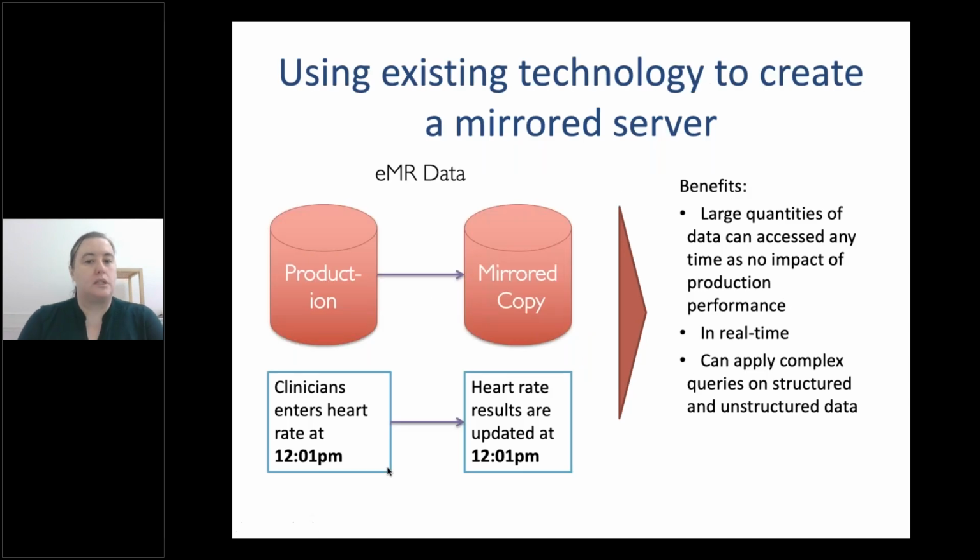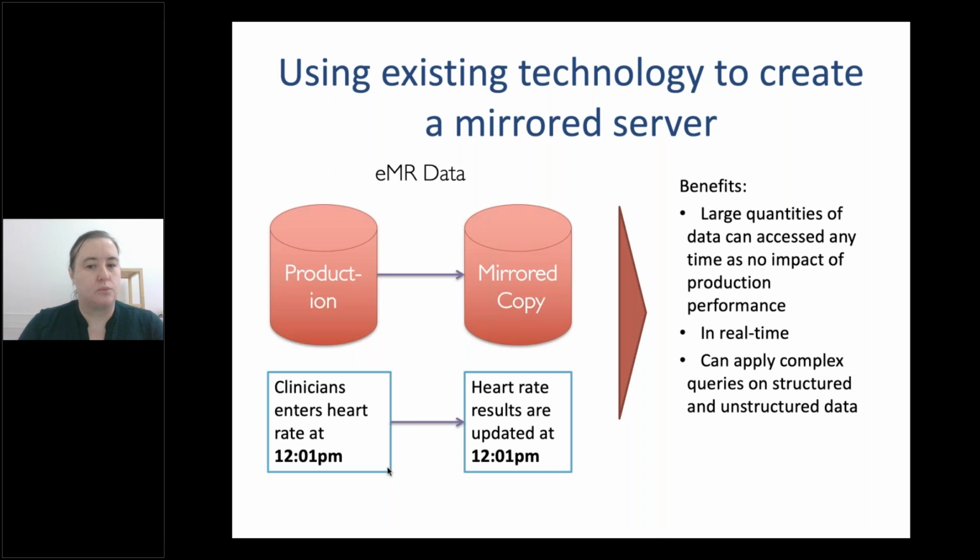The way that we did this was to use a mirrored copy of the eMR. This is a real-time copy. So when clinicians enter data, say a heart rate, this will update into the mirrored copy at exactly the same time. So we can have access to real-time data and query that data as it's happening, which is great.